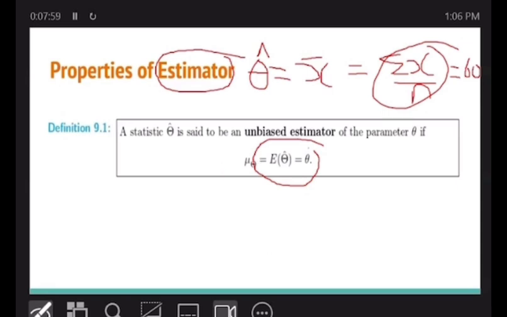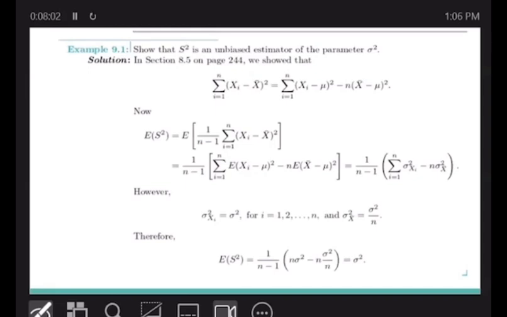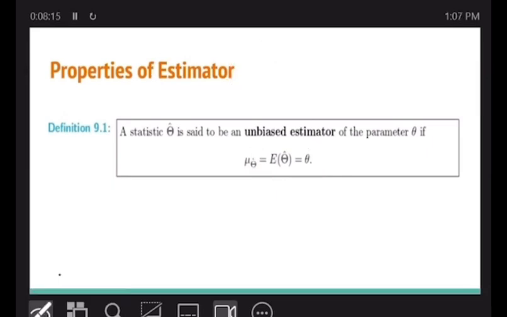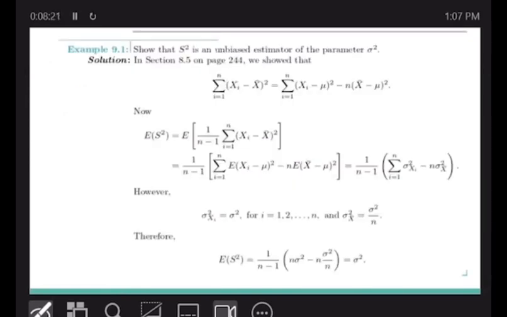Now I need you to pay attention to this. It can be mathematically proved and statistically observed that sample mean is an unbiased estimator of population mean. The way I'm going to prove this, I'm also going to show that sample variance is an unbiased estimator of population variance.